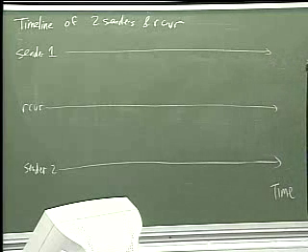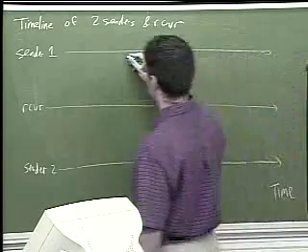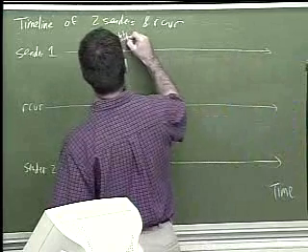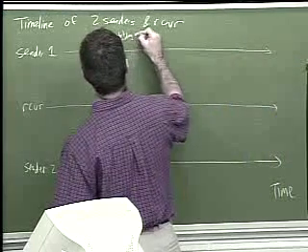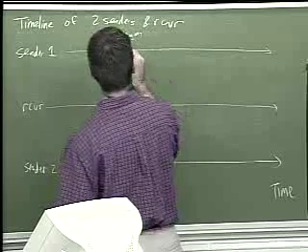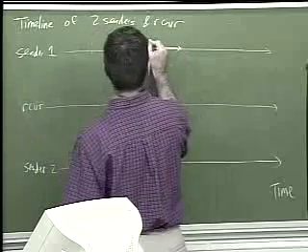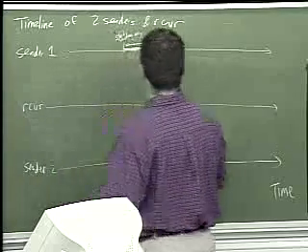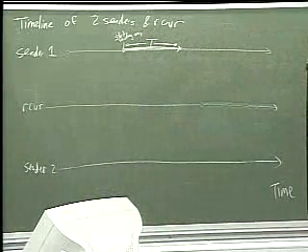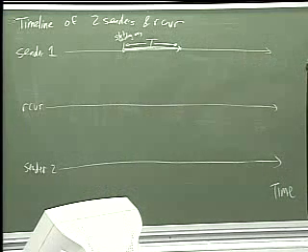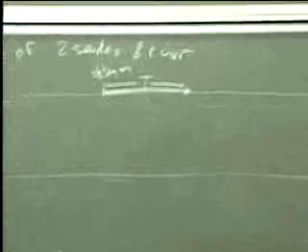At some point in time, sender 1 wants to send a message to the receiver. So let's say it starts here. Start sending message at this point in time, and then a time T later, right, so this distance is capital T, it completes sending that message. That's what we said. It takes time T to send the message.